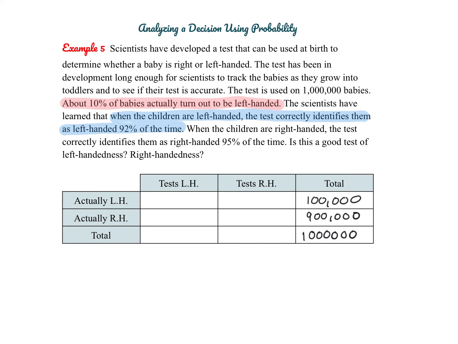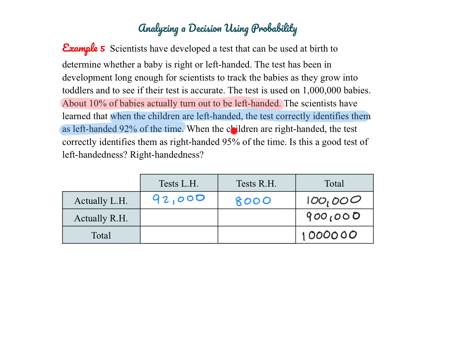So 92% of that would be 92,000. And again, that's showing, of the babies that are actually left-handed, how many actually tested left-handed. So it worked for 92,000 of them. But that also means that for 8,000, they are actually left-handed, but they tested right-handed.